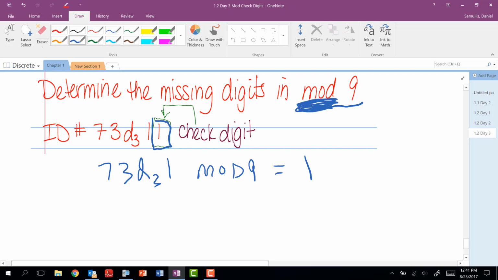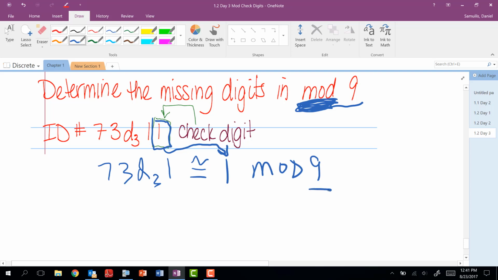So actually, let me write this the way I should have, with congruent. This is congruent to 1 mod 9, because that's what a regular mod scheme does. It mods the previous, and then the check digit is the mod of all the previous digits.